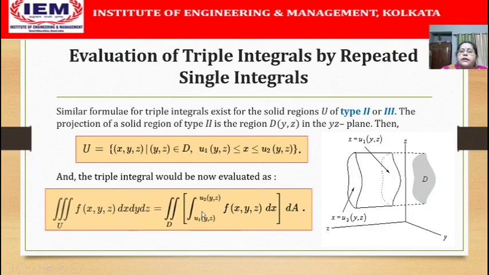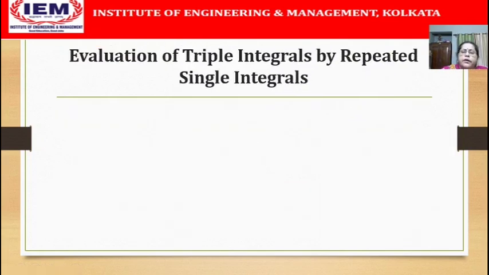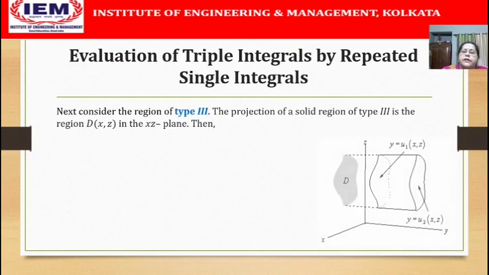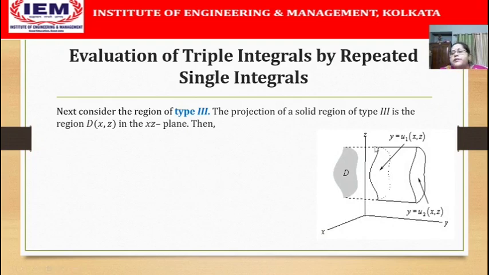Let's now see the type 3 region. So the type 3 region, we can guess that it is the region whose projection lies in the xz plane. So it is like this. So this is a type 3 region bounded between y equal to u1(x,z) and y equal to u2(x,z), and the projection lies on the xz plane.